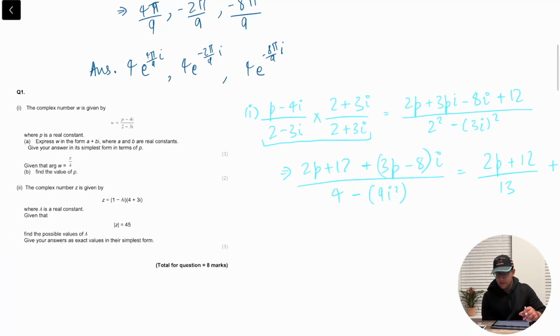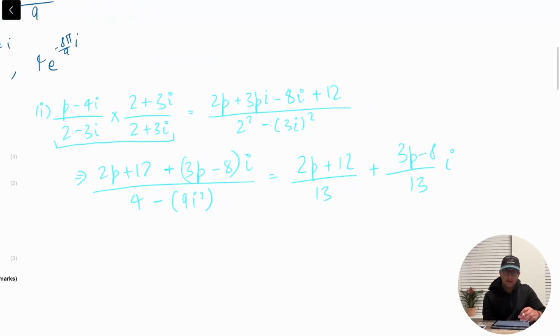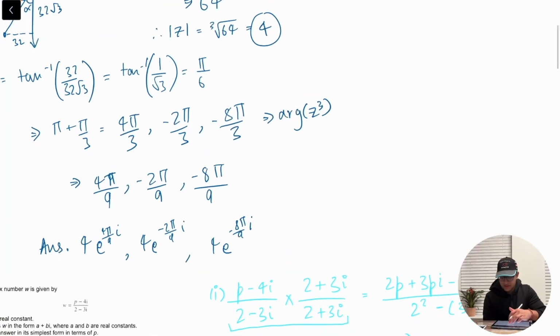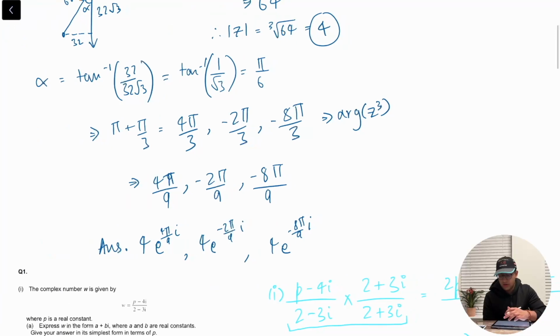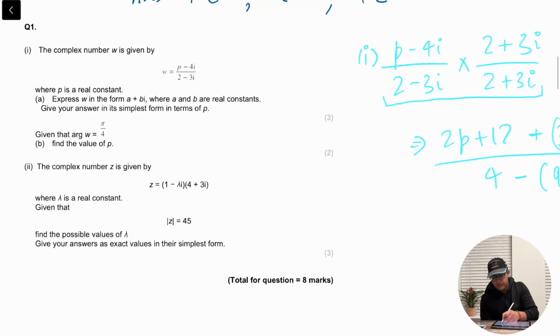Part B. Given that the argument of w is pi over 4, find the value of p. Okay, so if we were just given a complex number a plus bi, how you find the argument is you do the inverse tan, like we've done in part 1, the inverse tan of the y over the x. They've told us the argument is pi over 4.